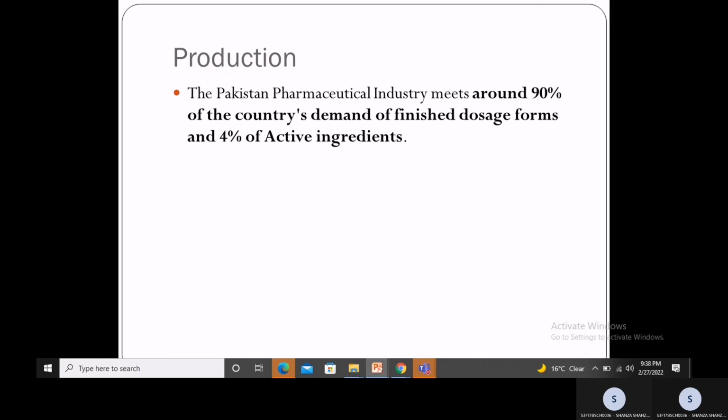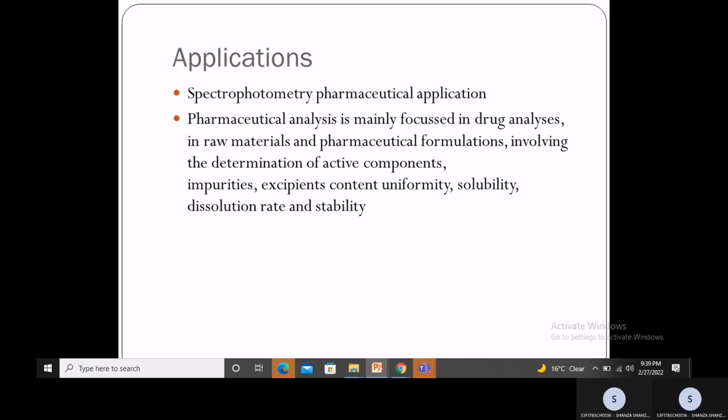Production. The Pakistan pharmaceutical industry meets around 90% of the country's demand for finished dosage forms and 4% of active ingredients. Here are some applications: spectrophotometry pharmaceutical applications.